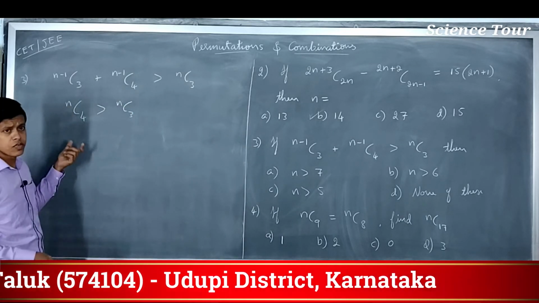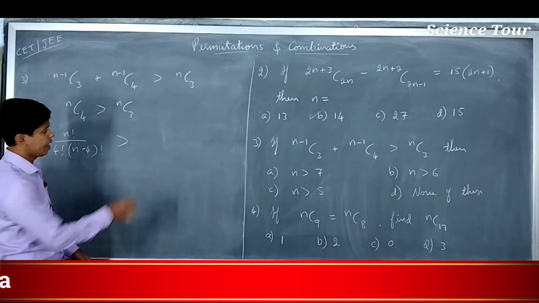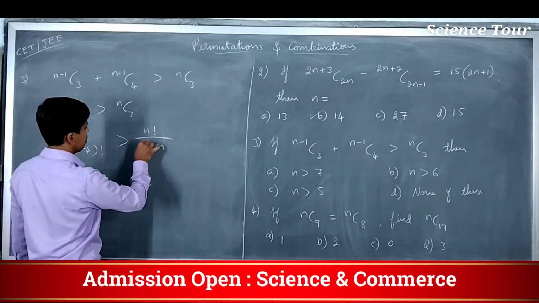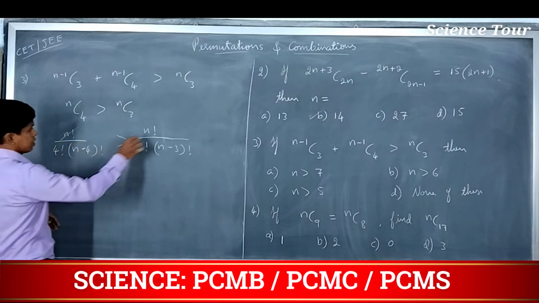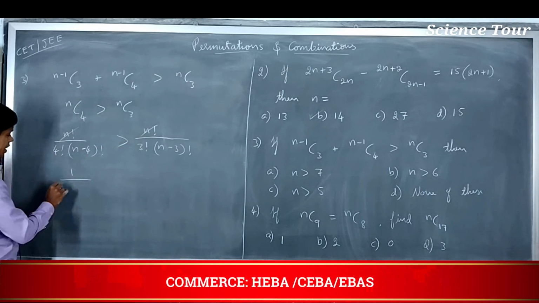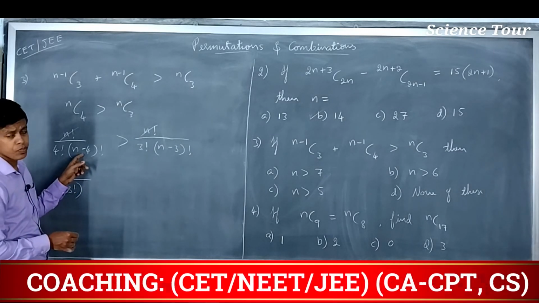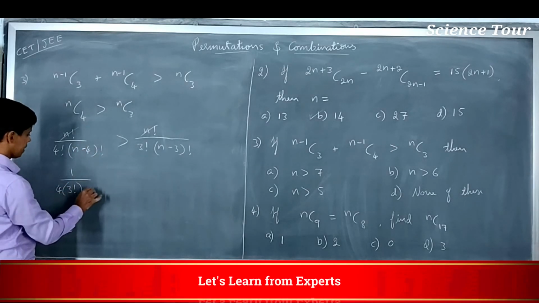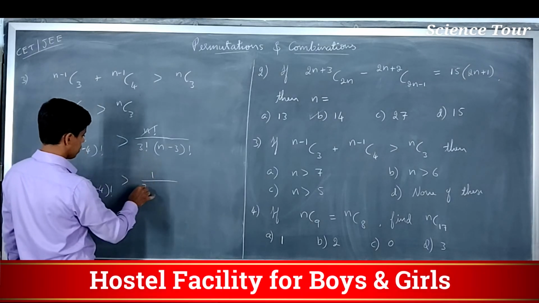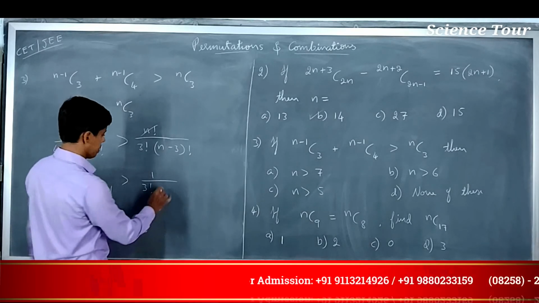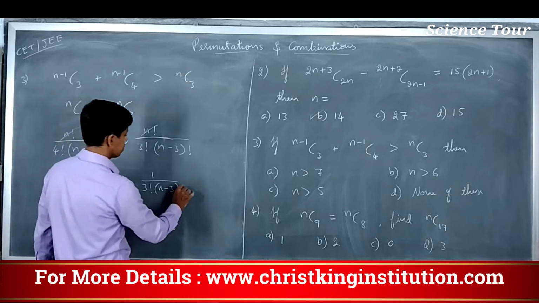Okay, so now nC4, let's use the formula, that is n factorial divided by 4 factorial and n minus 4 factorial, which is greater than n factorial divided by 3 factorial and then n minus 3 factorial. Alright, so I can straight away cancel that, and 4 factorial I can write as 4 into 3 factorial, right? And n minus 4, let it be like that, and that is greater than 1 by 3 factorial, and n minus 3 factorial can be written as n minus 3 into n minus 3 minus 1, which is n minus 4.